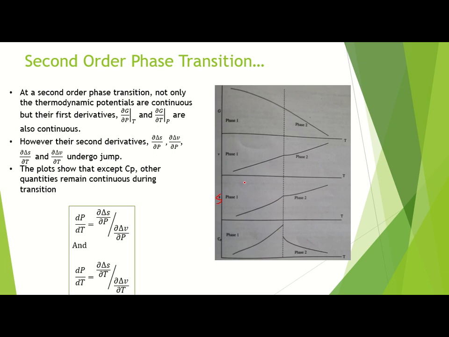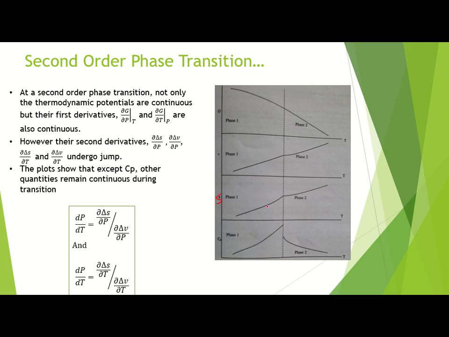The heat capacity, however, will show a discontinuity, because it is the derivative of entropy: ∂S/∂T multiplied by temperature, so it becomes discontinuous, being a second order derivative.